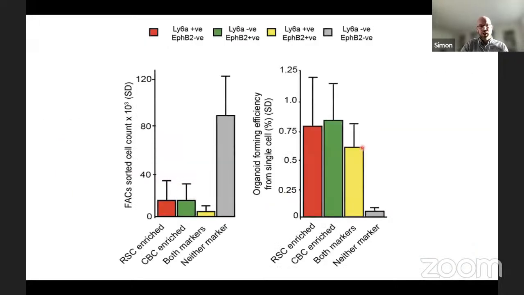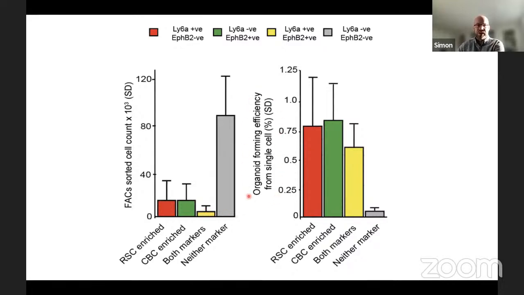And we then plated those cells out, single cells into organoid matrix. As you can see, when we FACS sorted, we had a large population of cells that were unmarked and a smaller population of both regenerative and crypt-based columnar type stem cells in the red and the green, respectively, with a much smaller population of cells expressing both.